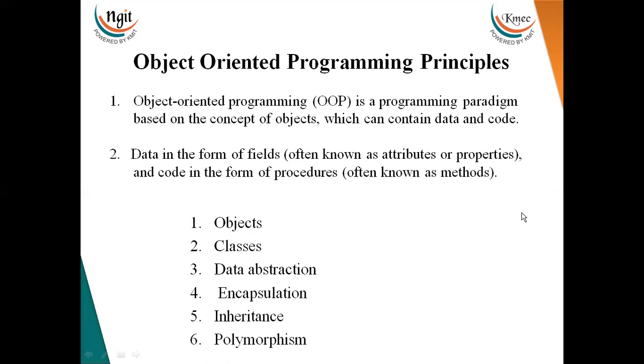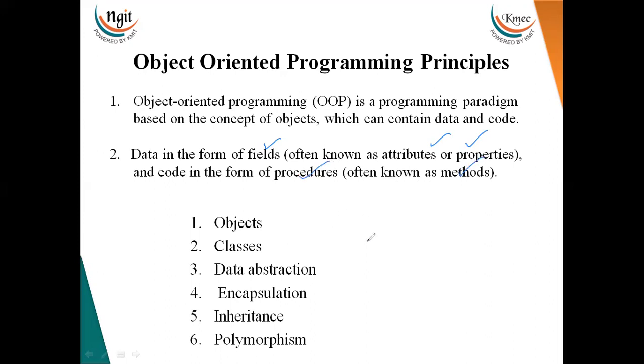So object is nothing but a real-time entity. In object-oriented programming, everything we will represent in terms of objects. So this object contains data and code. Data in the form of fields, often we call them attributes or properties, and the code in the form of methods, that is also known as procedures.